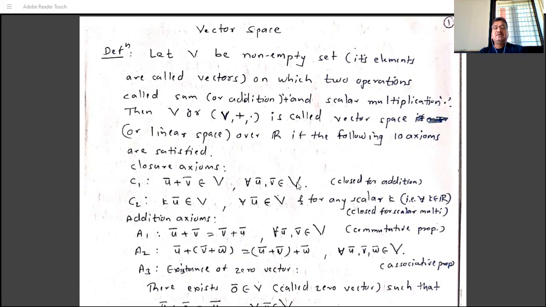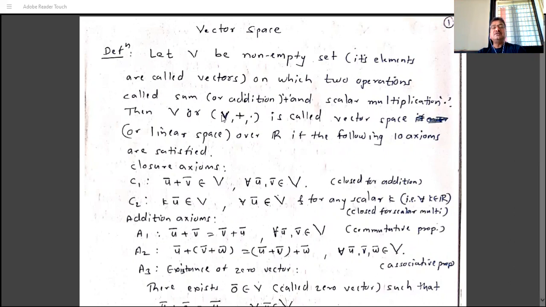V contains the elements from 1 to 100. So if we take any finite subset of the natural number set, then for that set this property is dissatisfied. And so the set 1 to 100 of natural numbers is not a vector space, because the first property is dissatisfied.